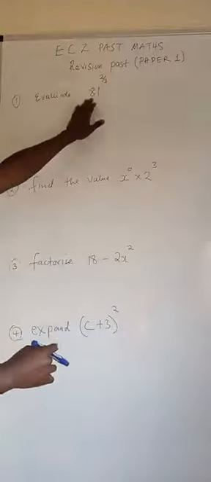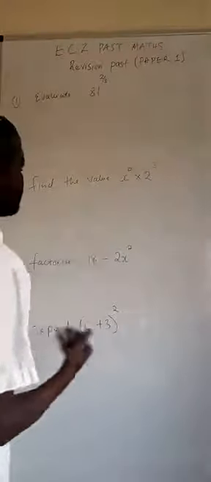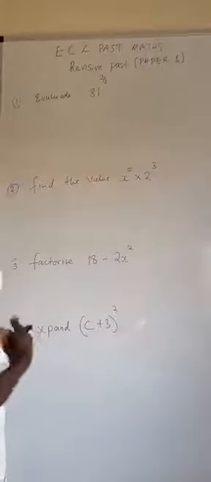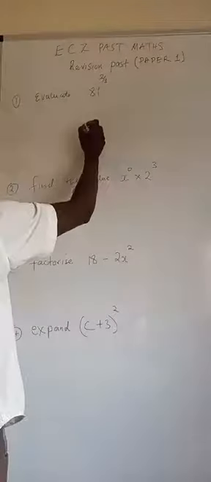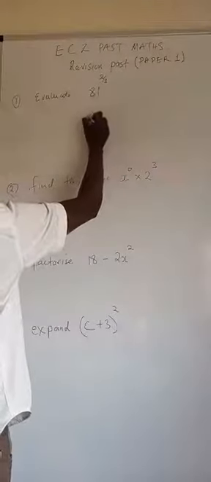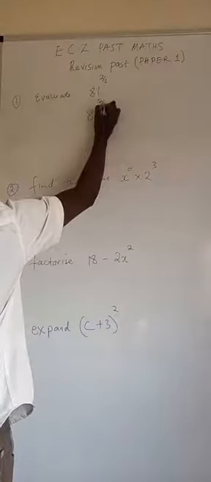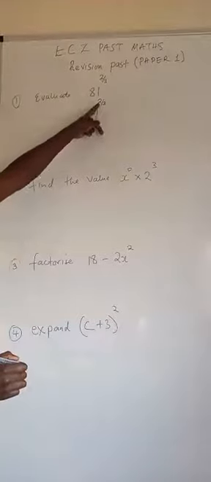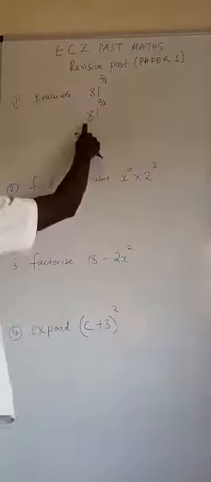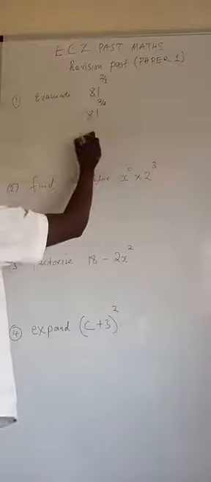Evaluate 81 to the power 2 over 3. You want to know how to solve it. The first thing you do, have you seen this one? It's a base. So you bring your 81 like this, to the power 2 over 3. The first thing you do, you introduce a square root.